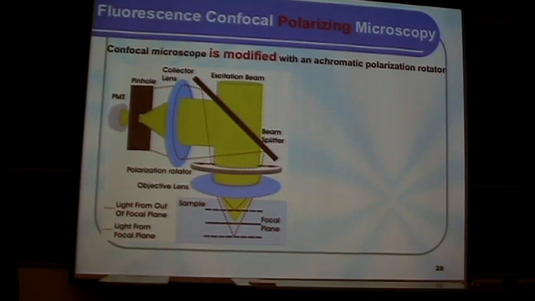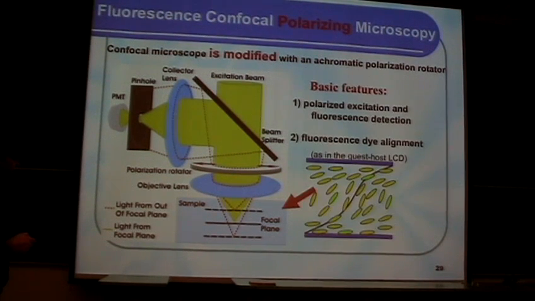You will see that it's also possible to more directly image the pattern of molecular orientation because of the principle of this fluorescence confocal polarizing microscopy, where the intensity of light is very directly related to orientation of the dye molecules and liquid crystal molecules with respect to the excitation and detection polarization direction.